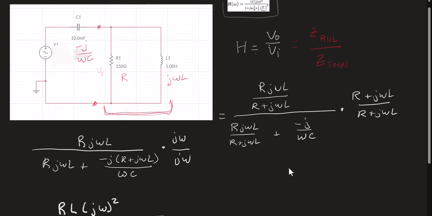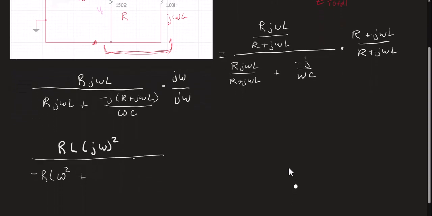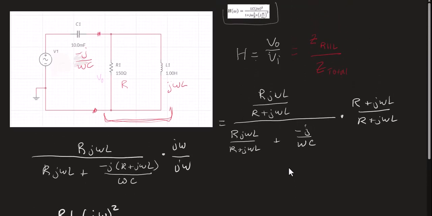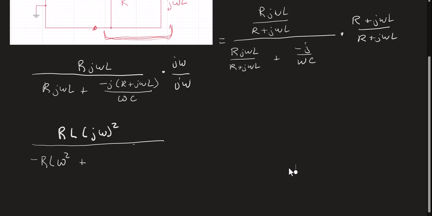Oh no, okay, so that's not omega c, I'm being silly. I need to have a j omega squared in the numerator. So let's get that.